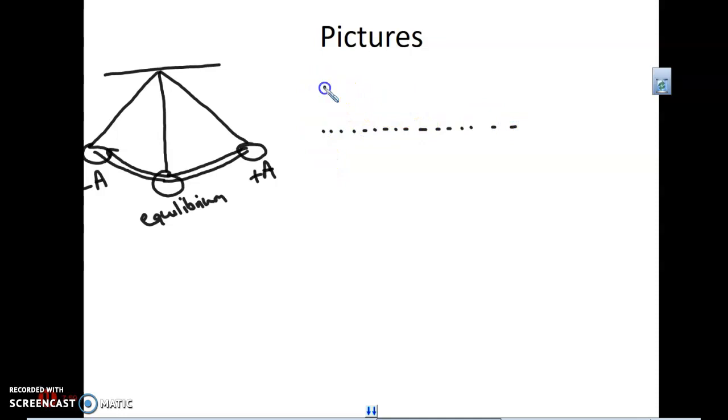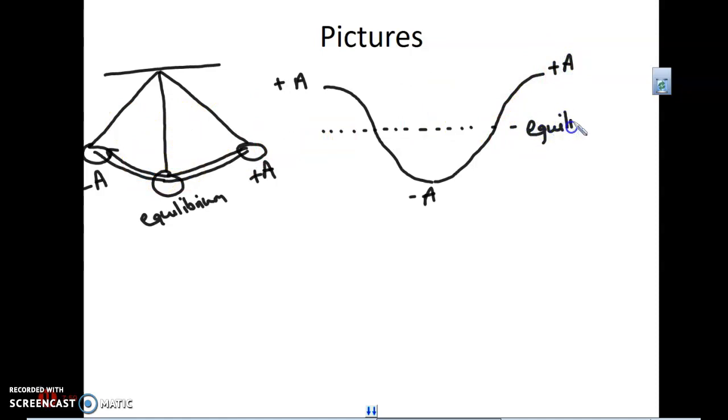I say, okay, I'm going to start here, amplitude A. I'm going to go from positive A to negative A, back again to equilibrium, and then back again to positive A. So if I were to graph this motion, or if I were able to get a pendulum that would let out a little bit of sand or ink or something like that, and I'd swing it back and forth and move the paper, I would get this sine curve here.